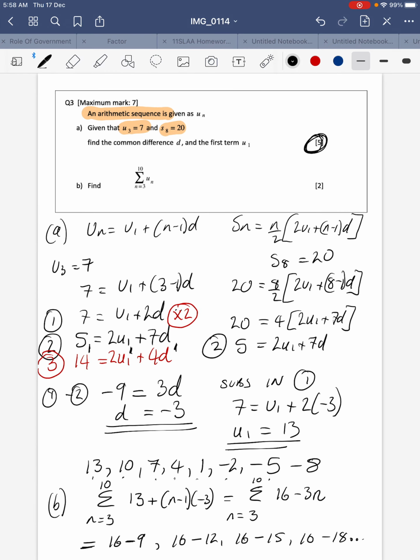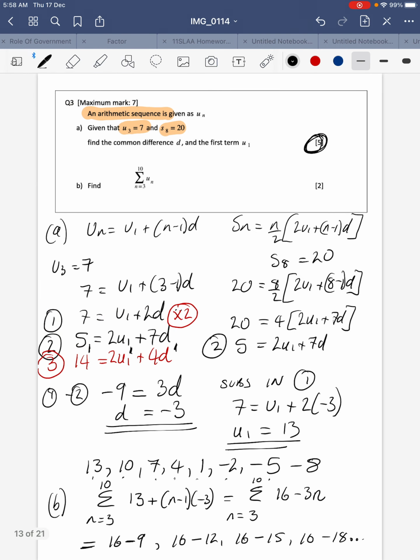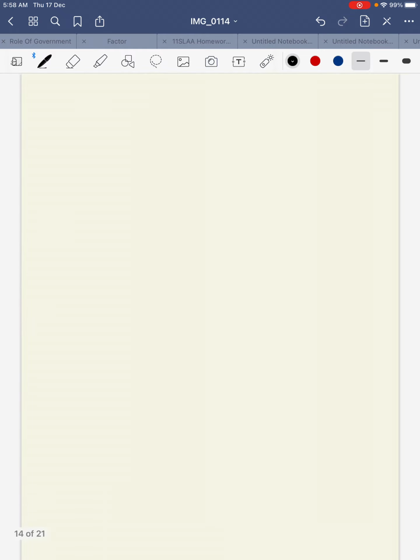Okay, and what you can see there is, let me just put the page in. We've got 16 minus 9 is 7. Then we've got 4, we've got 1, negative 2.